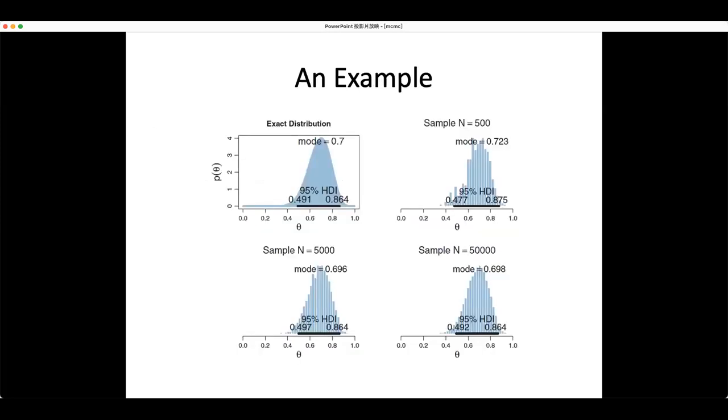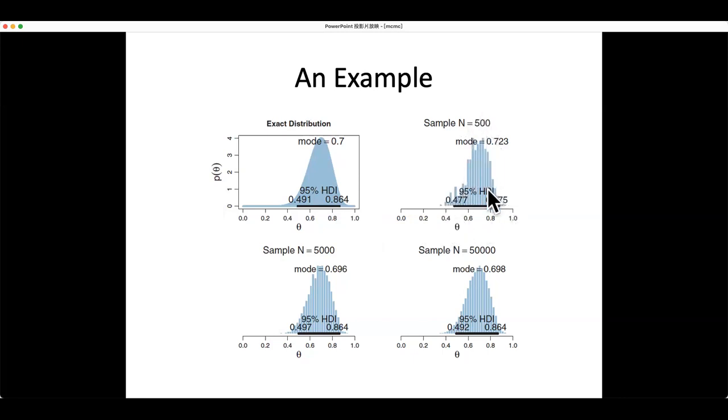Here is an example. You can see a distribution on the upper left corner. If you use 500 samples to simulate it, you will see it is not very smooth.